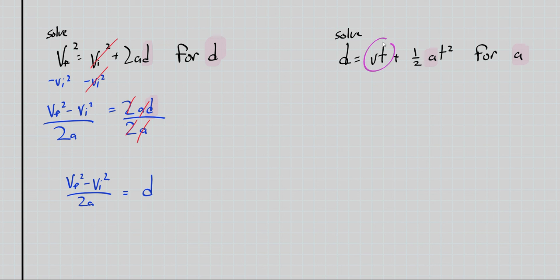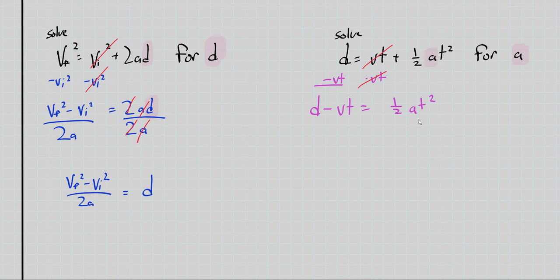Didn't want to get rid of that letter. So I'm going to subtract this term from both sides. On the left, d minus vt is just d minus vt. On the right, vt minus vt cancels out. And I'm left with the 1/2 at squared. I still want that a.